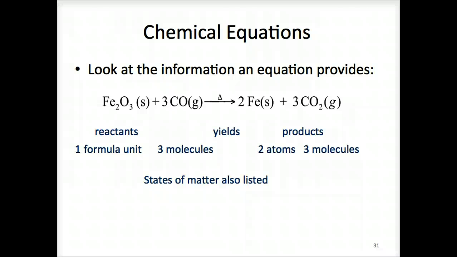The arrow sign means yield, and then we make 2 atoms of iron, or 2 moles of atoms of iron, and 3 molecules of CO2, or 3 moles of molecules of CO2. We also put in the states of matter, solid, gas, for each one.